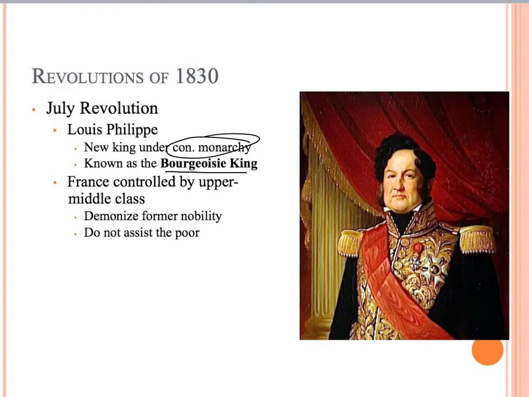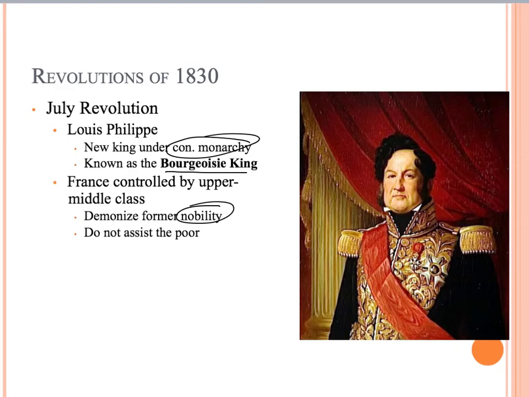He's going to take rights away from the nobility, but at the same time, he's not going to do anything to assist the poor. So you have to keep in mind, these guys who come in and kick out these conservative kings like Charles X here, it's not going to be donuts for everybody, candy bars and marshmallows for all you peasants. No, he's not going to give all the peasants anything, all right?